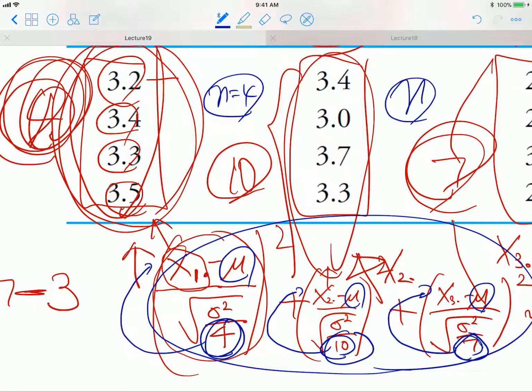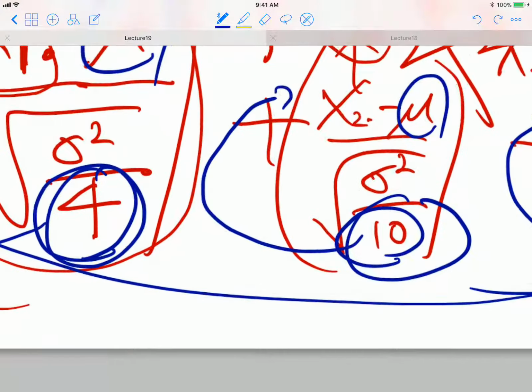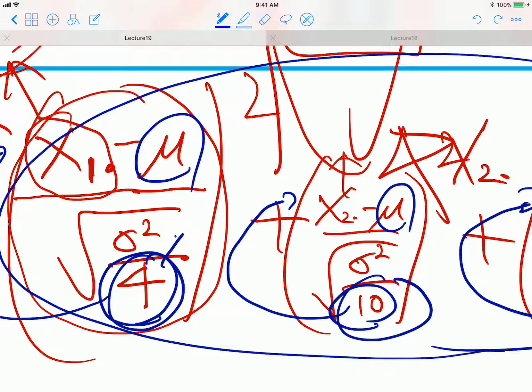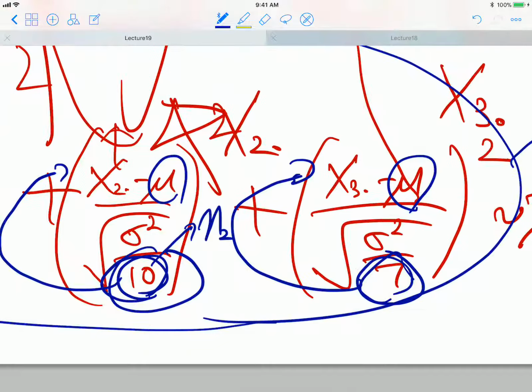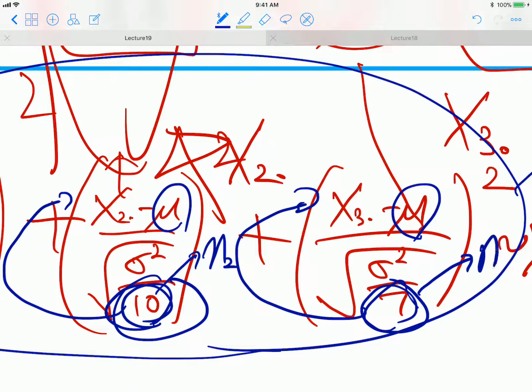But in this case, suppose this value was n1, so this is just a notation, and this guy is called n2, and this n3, because these numbers are different from each other. These different values are then multiplied in the numerator.